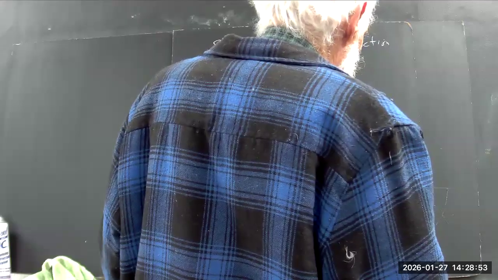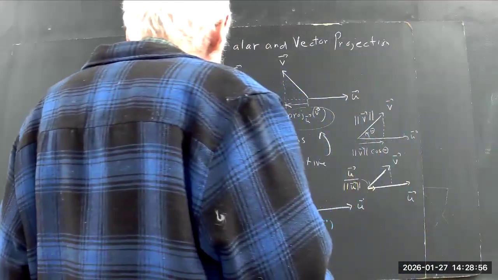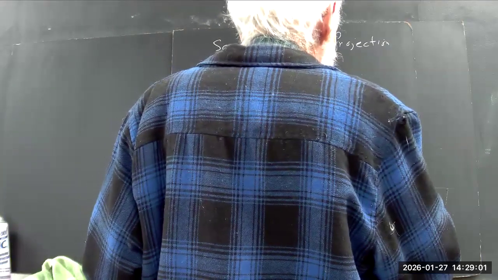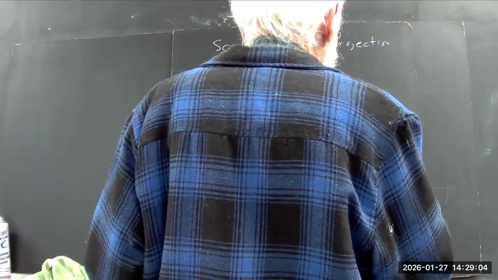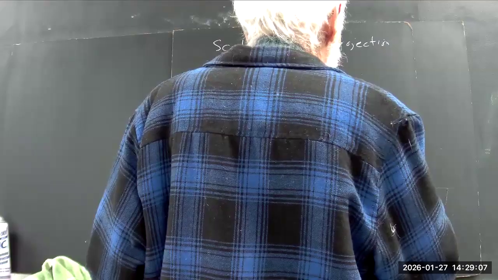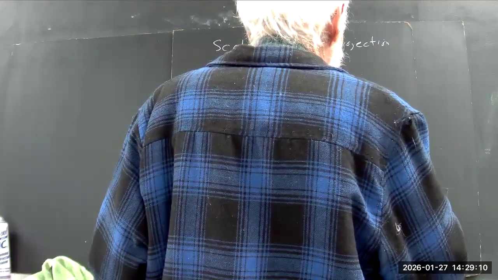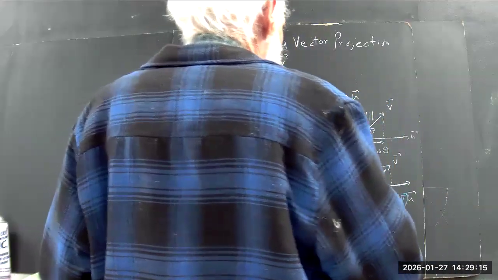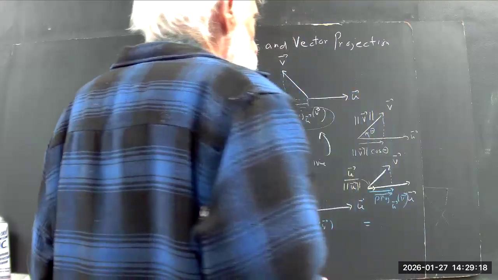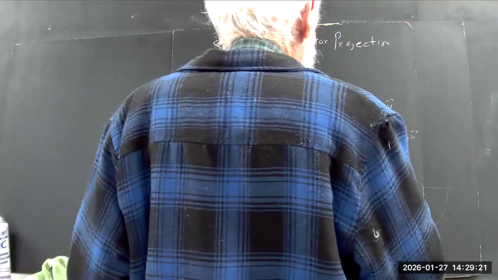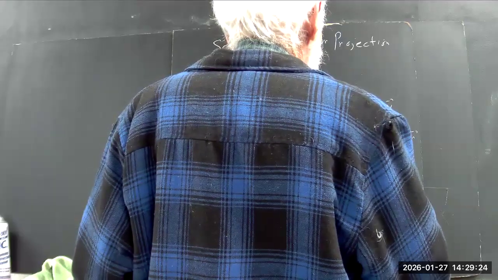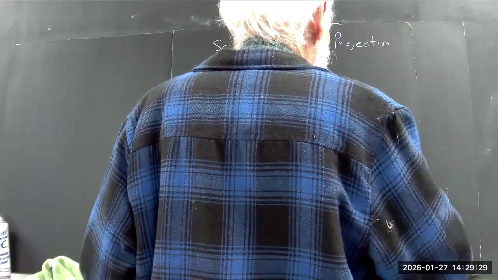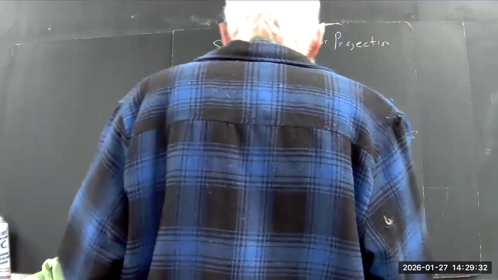Okay. In any case, then the vector projection onto u of v equals the scalar projection multiplied by the unit vector.